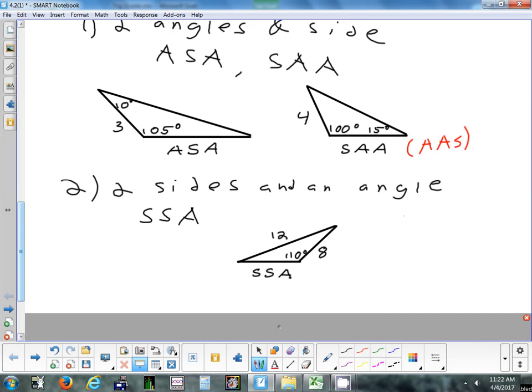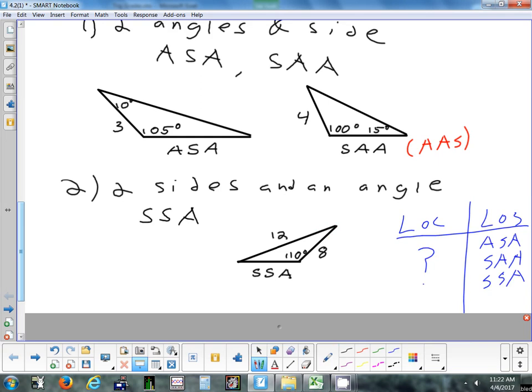So if you make a reference sheet, it might be handy to list the types that you can do law of sines with, which is what I just showed you. Angle, side, angle, side, angle, angle, side, side, angle. Any one of these three problems, you're going to use law of sines.